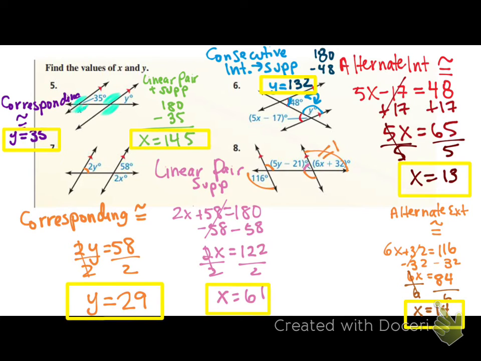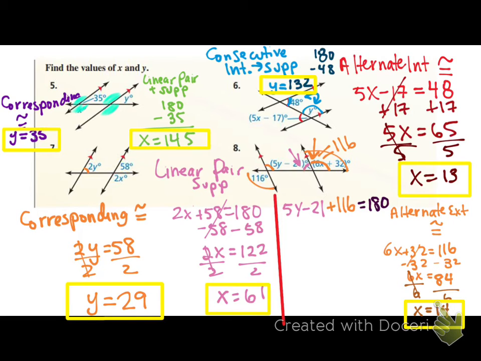Because remember that this angle is 116 degrees. So we can add 5y minus 21 plus 116, and they will make 180 degrees. So we're going to do 5y minus 21, so this angle, plus 116, which is this angle, and they equal 180 degrees.